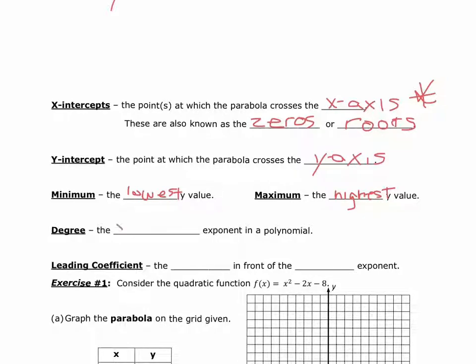Degree, it's the variable's exponent in a polynomial. Our leading coefficient, the number in front of the variable.